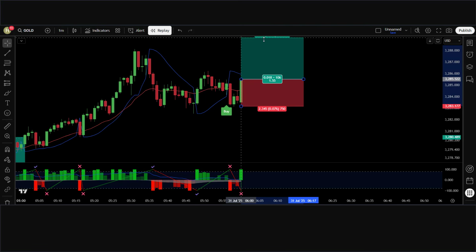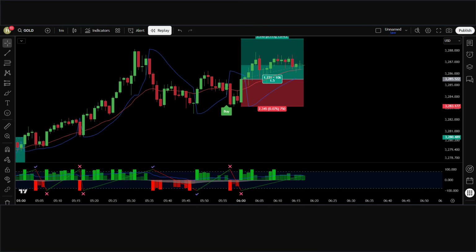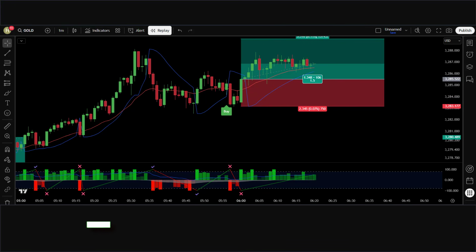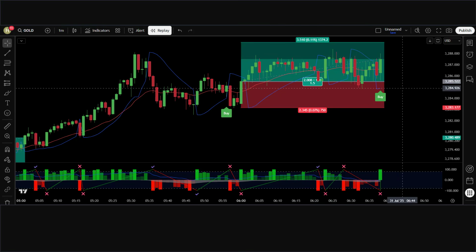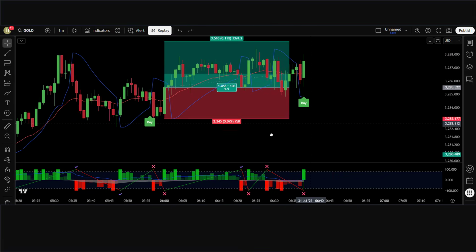And the risk to reward ratio will be 1:1.5. Let's see what happens to our trade. Our trade is running in profit. Here we are closing our trade as we have received a new signal.